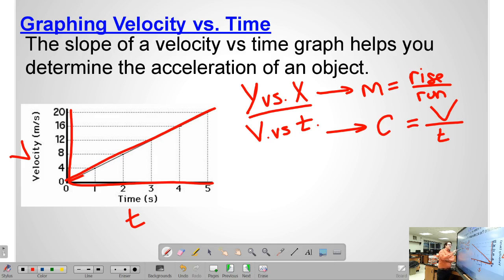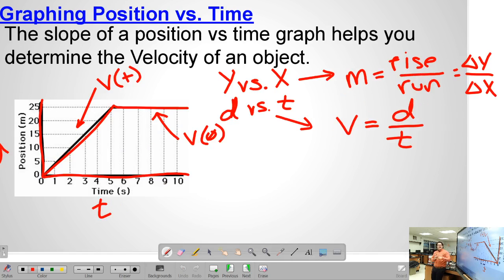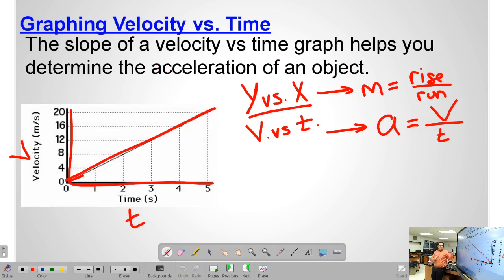Acceleration. So, I'm going to bounce back and forth real quick. When we look at a displacement versus time graph, the slope tells us velocity. When we look at a velocity versus time graph, the slope tells us acceleration. So you can also look at this as change in velocity over change in time, but I'm not going to go there just because I think that's a little confusing. From there, we can determine the acceleration of the object.